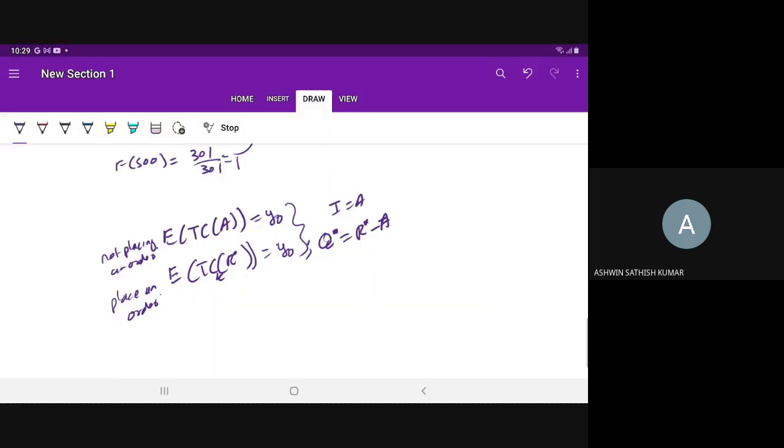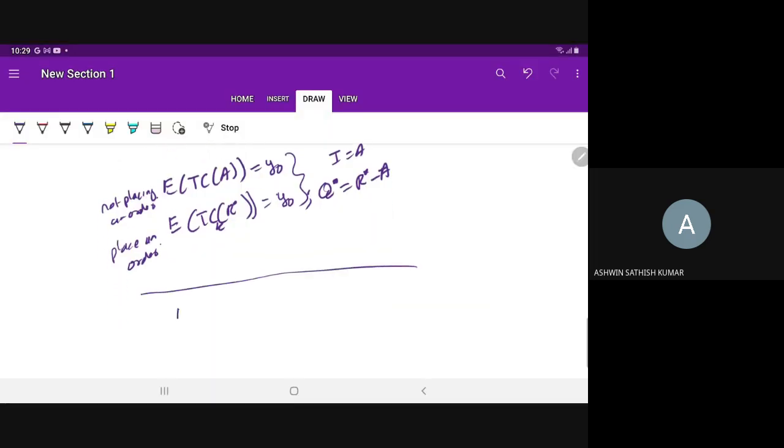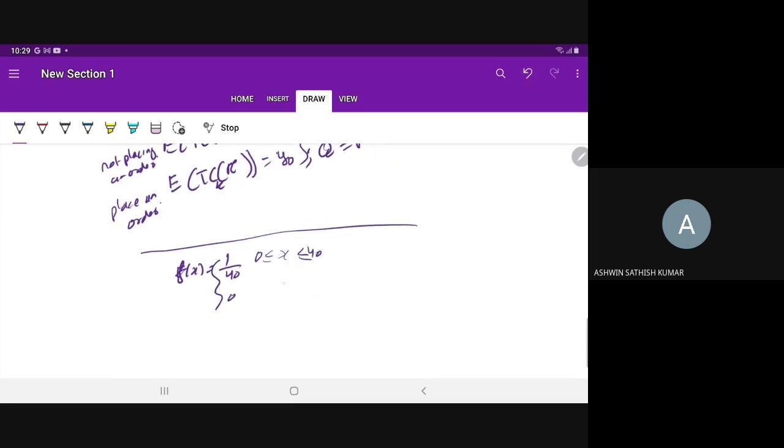So in this case, what is given to you? Fx is equal to 1 upon 40 for x from 0 to 40, and elsewhere it is 0. So what will be the CDF?